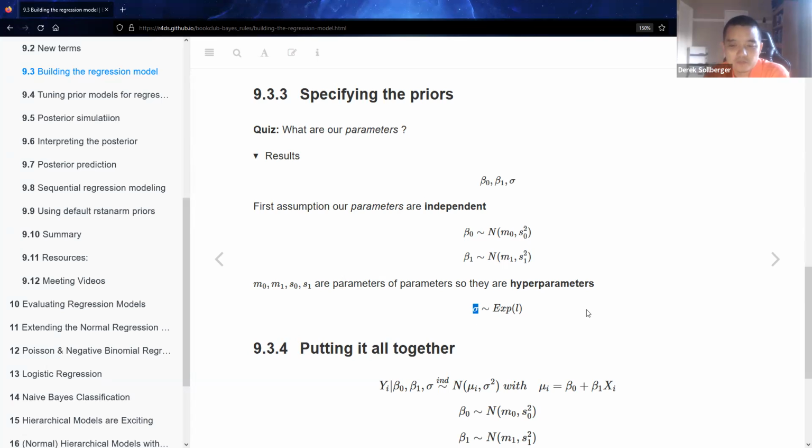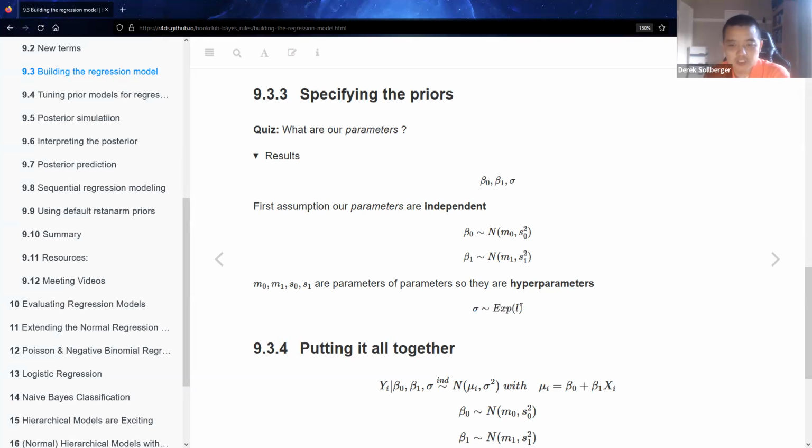Now, for standard deviation, as we statistics teachers introduce this idea to our students, standard deviation is a non-negative quantity. This number cannot be negative. Using a normal distribution here might be a bit awkward.